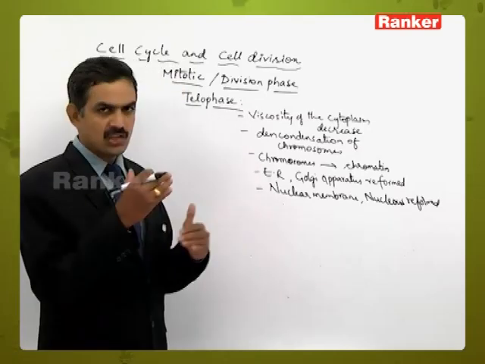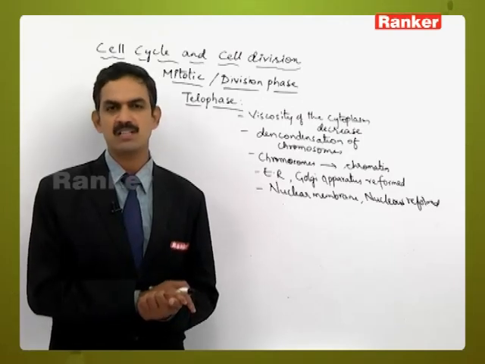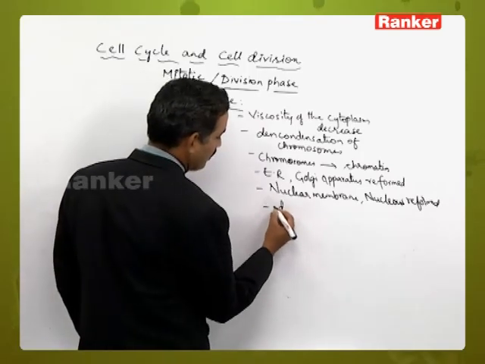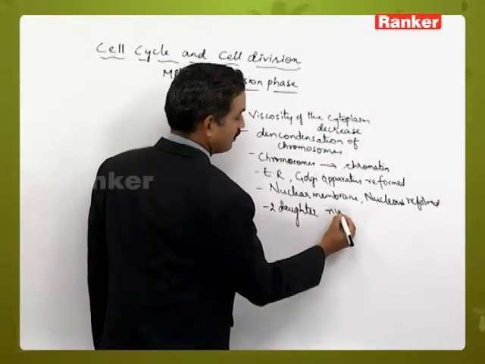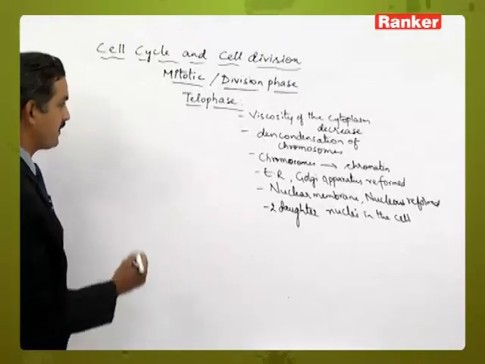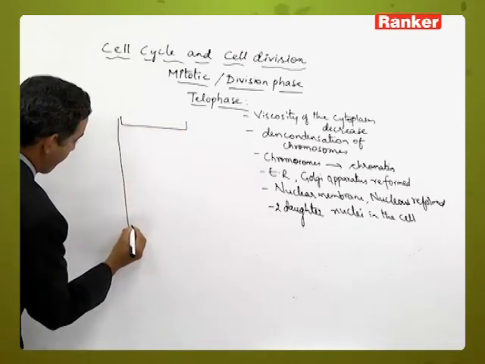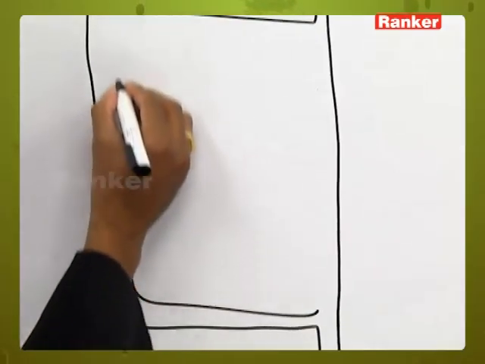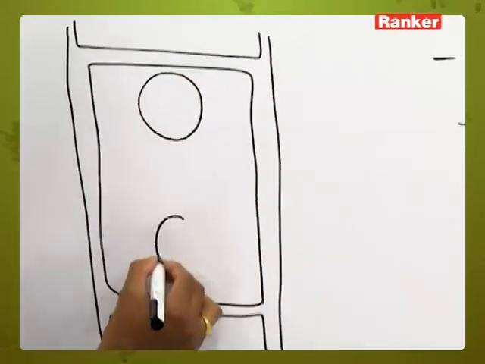Likewise, the changes taking place are exactly opposite to the changes that took place during the prophase stage. By the end of this, two daughter nuclei are formed in the cell. If you see the diagram related to the telophase, a daughter nucleus is formed at each pole like this.